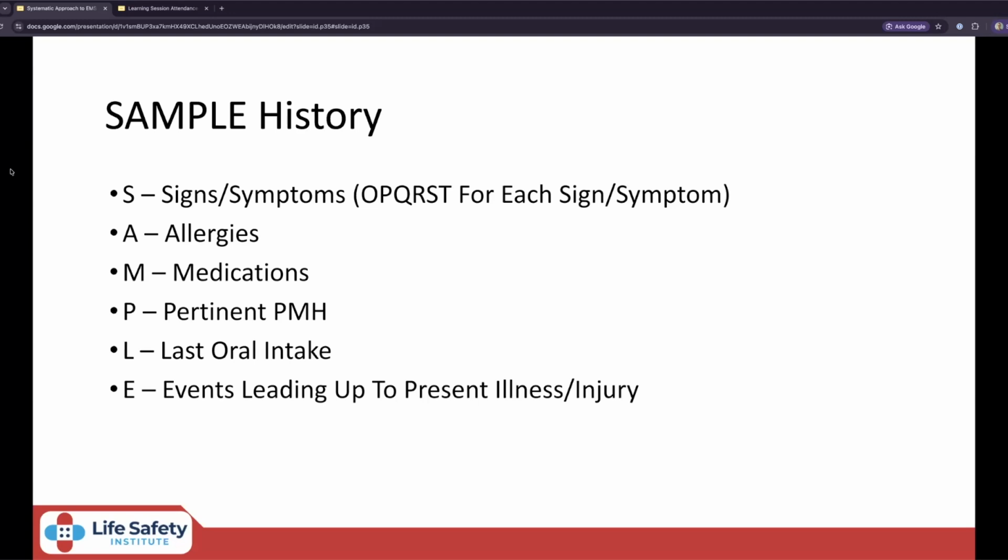Medications: I want to know what medications you take, whether they're over the counter, prescribed, or recreational. I also want to know what medications you're prescribed and do not take, because that tells me your medical condition and that it's also untreated, right?